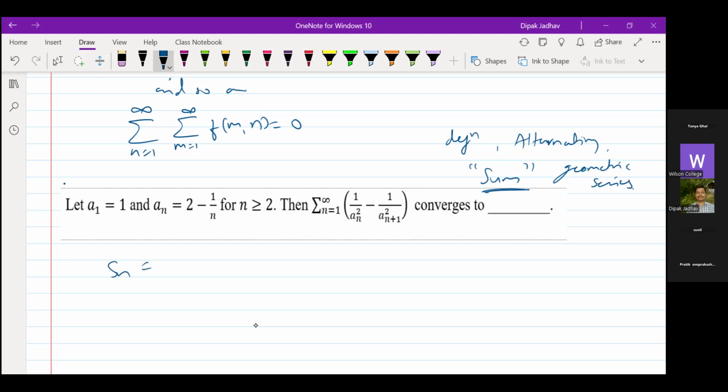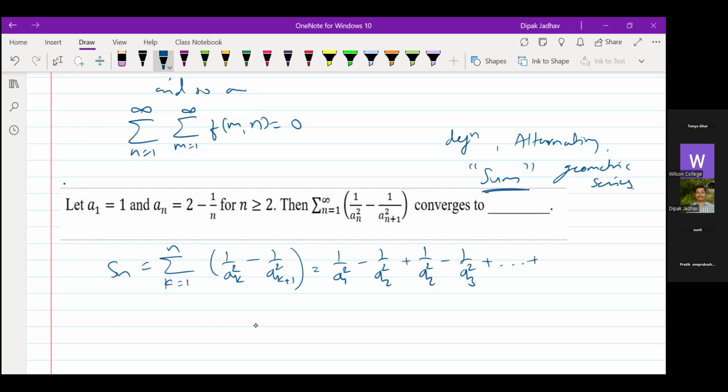Let's compute Sn. K from 1 to n, 1 by ak square minus 1 by ak plus 1 square. Let me expand the terms. 1 by a1 square minus 1 by a2 square, plus for k equal to 2, 1 by a2 square minus 1 by a3 square.